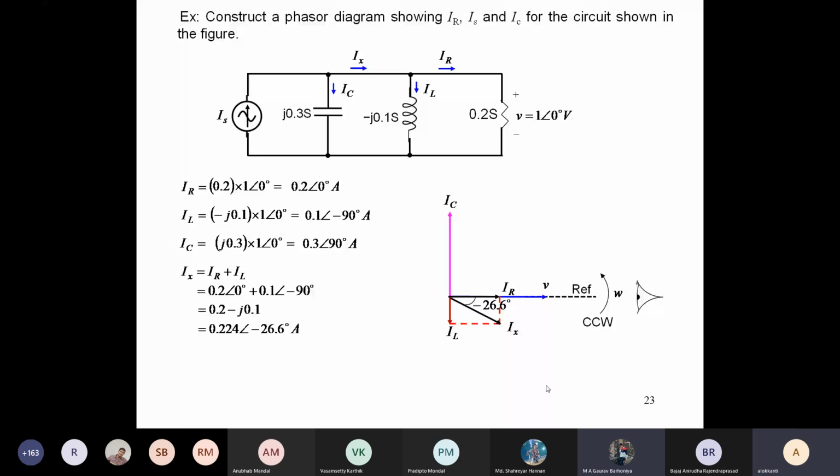Is the answer for Is 0.283 angle 45 degrees?